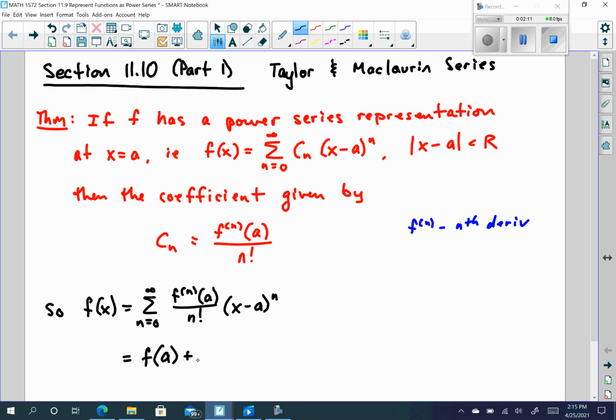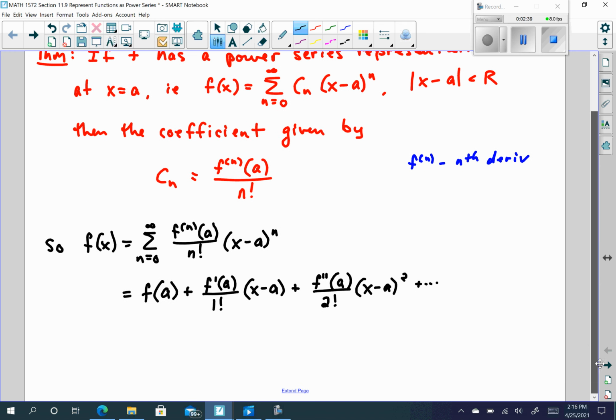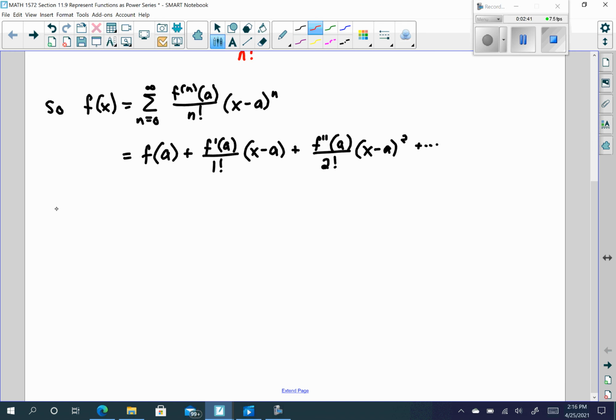Then we would have f prime, the first derivative of f of a, over 1 factorial times the quantity x minus a to the first, plus the second derivative now of f of a over 2 factorial times the quantity x minus a squared, and so on. So this is called a Taylor series.